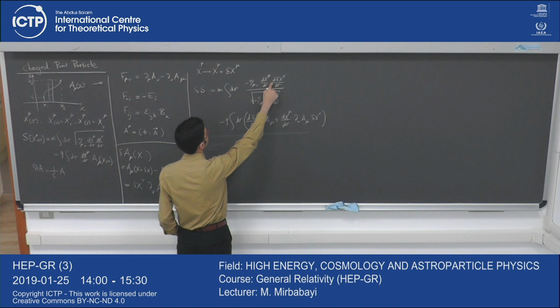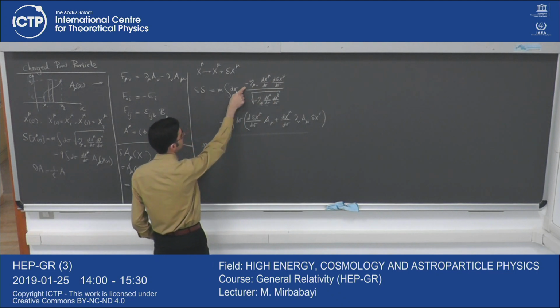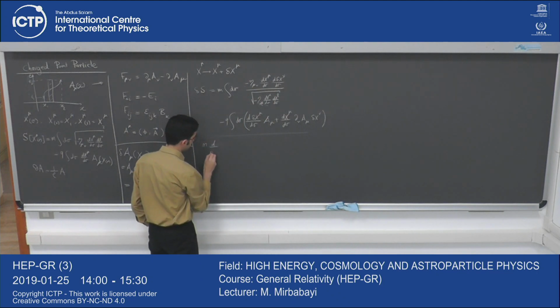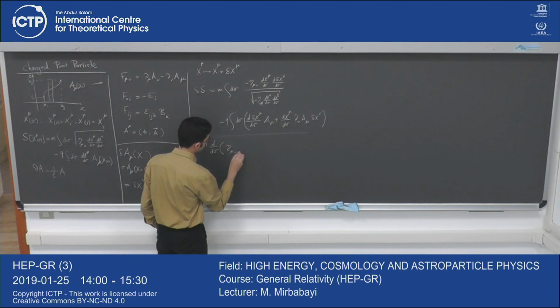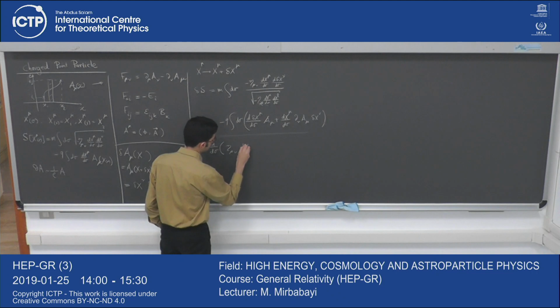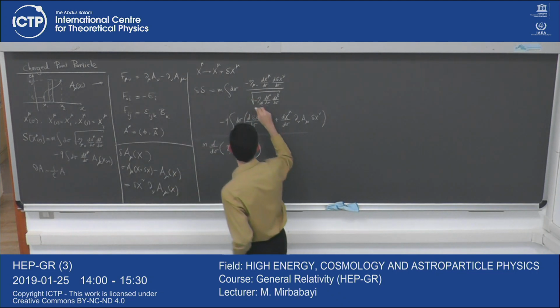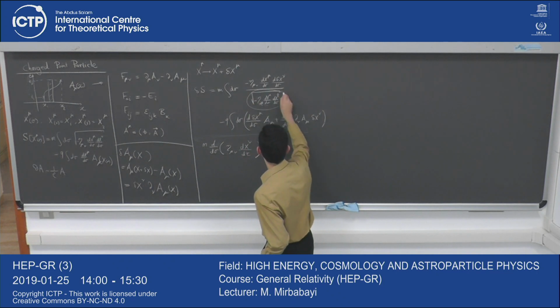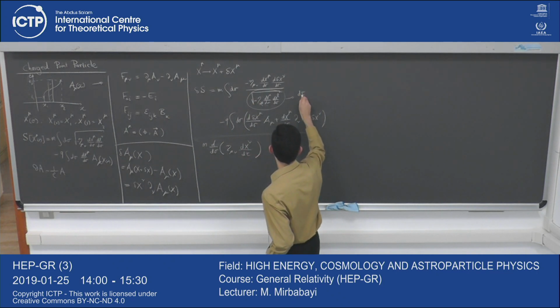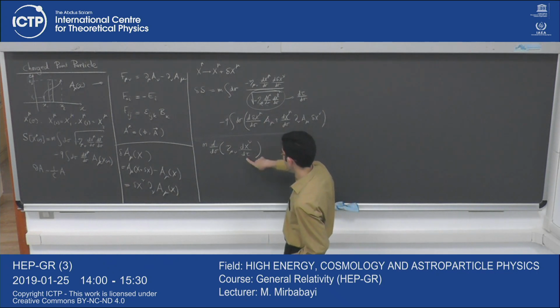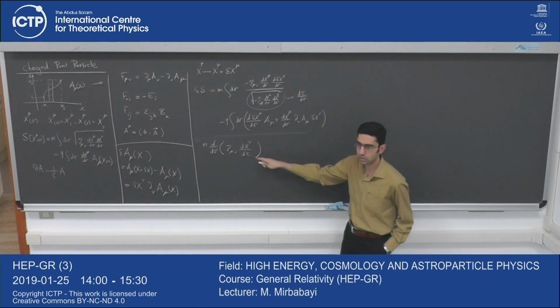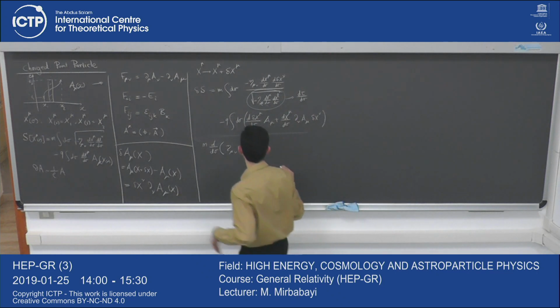So here I should do one partial integration, so the minus sign cancels. m d by d sigma of eta mu nu dx nu d tau. So we remember that this factor is nothing but d tau d sigma. And that's how this derivative with respect to sigma becomes a derivative with respect to tau.